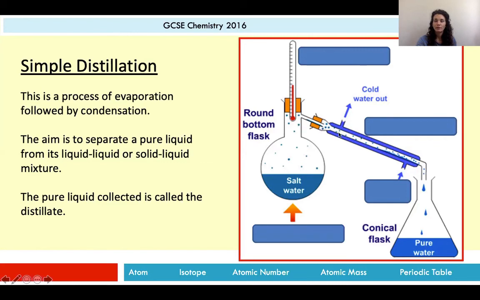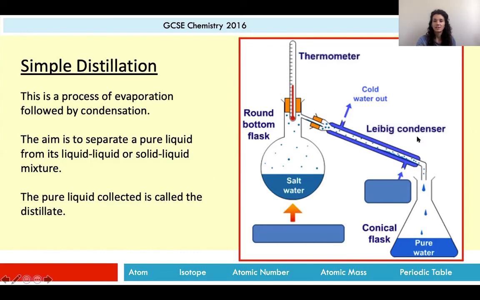It would travel through what we call, do you remember the term, Liebig condenser? If you can remember that, that's great. If not, a condenser which has got cold water around it to help cool down that water vapor and condense it back into water. Like I said, there's a Liebig condenser, or just the condenser.